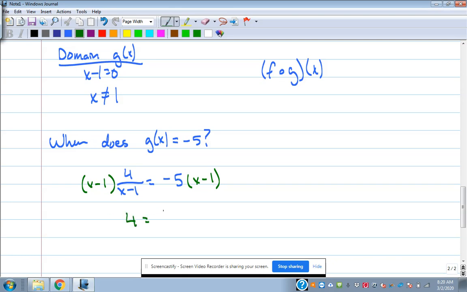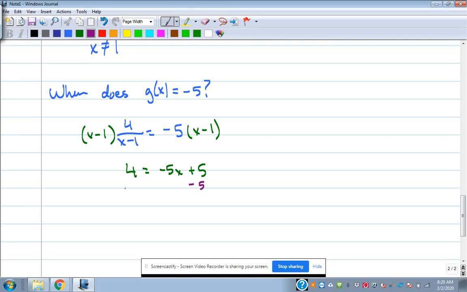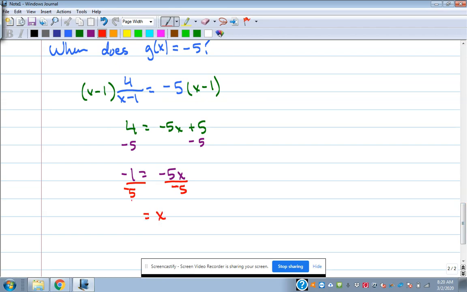So that's going to be 4 is equal to -5x plus 5. Subtract 5. -1 is equal to -5x. Divided by -5. One-fifth.